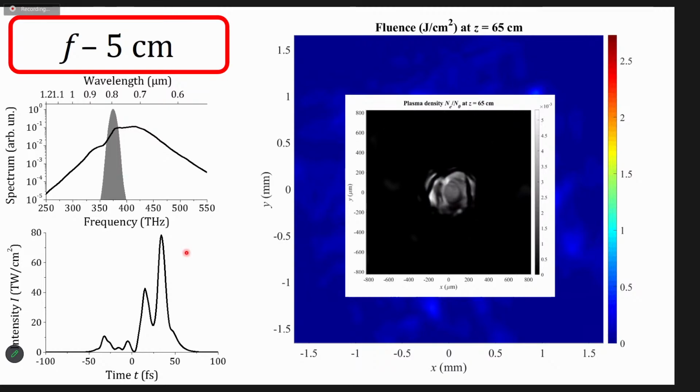because if we look at a single filament, the maximum of intensity goes before the pulse center in the moving reference frame.